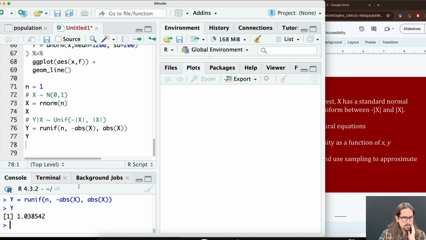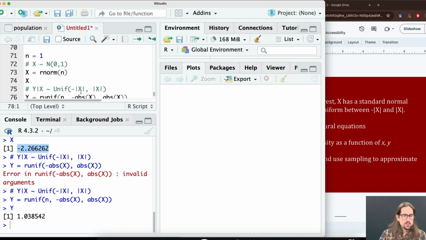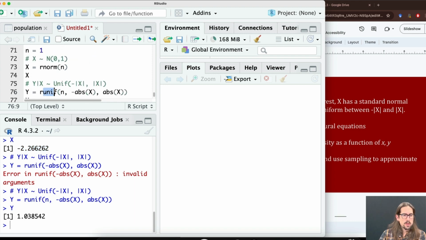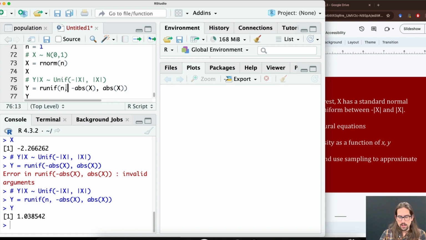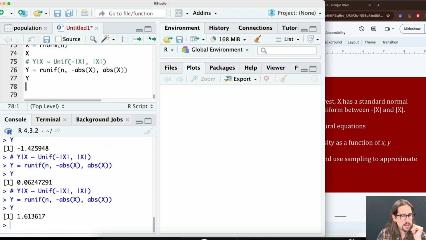Well, because x ended up being -2 and a quarter. So when I'm drawing here, I'm saying give me a random number that's between -2 1/4 and +2 1/4. And so 1 is such a random number. But if I had run this again, I could get a different random number. But they're all going to be, in absolute value, less than roughly 2 1/4, because at this point, x is already fixed.